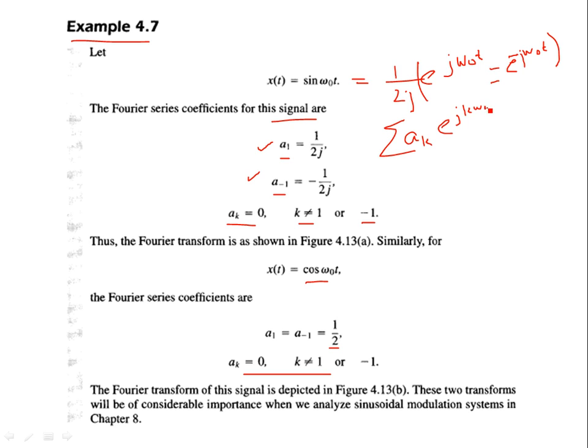Now, what we are interested in is how the Fourier transform represents sines and cosines.